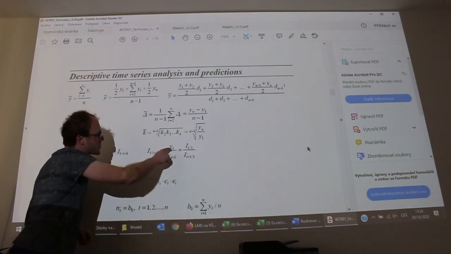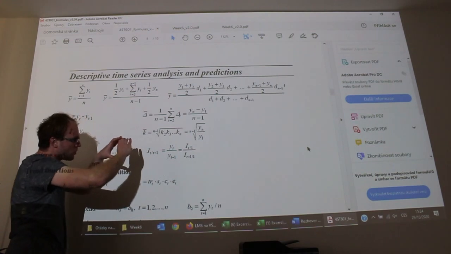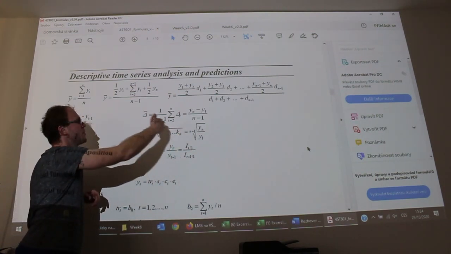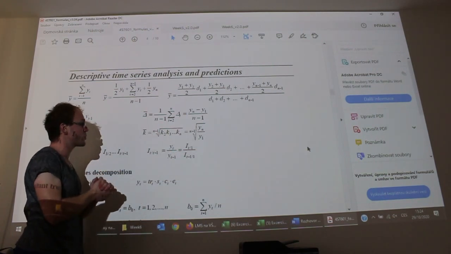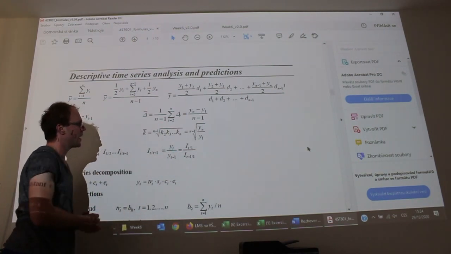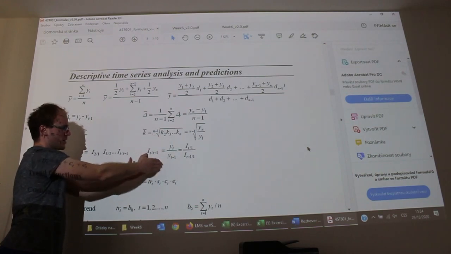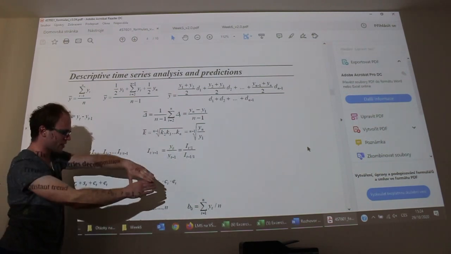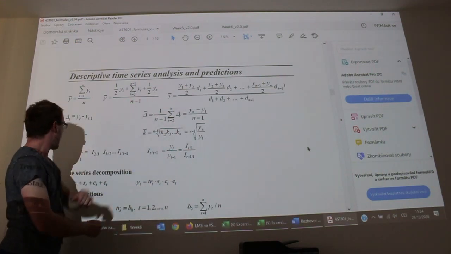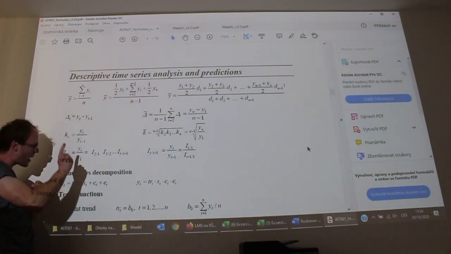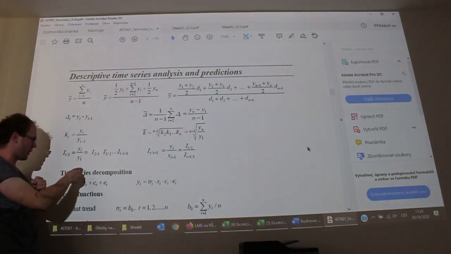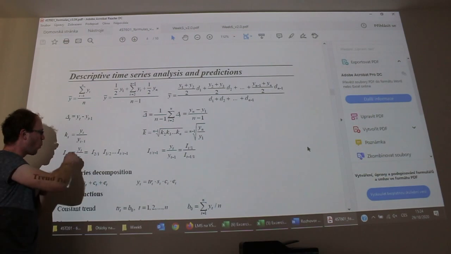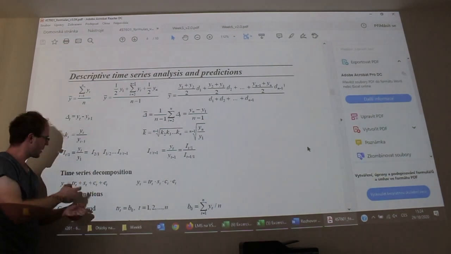So the observation at time t, divided by the previous value. So this is the chain, the calculation of a series of chain indices.